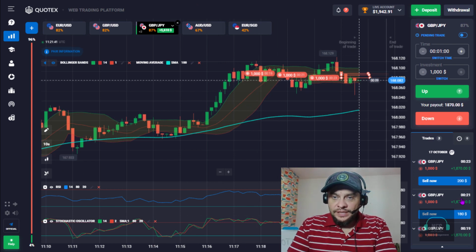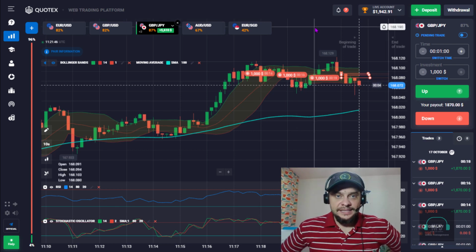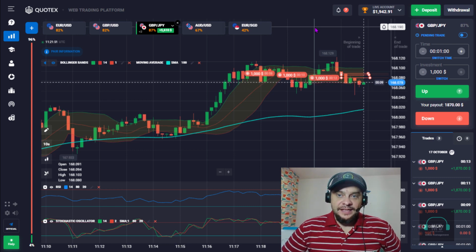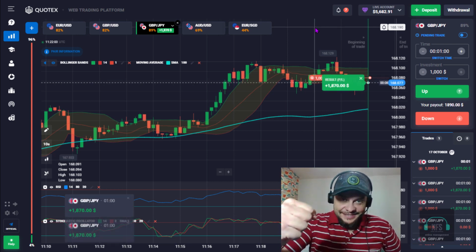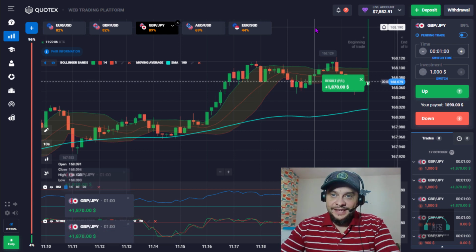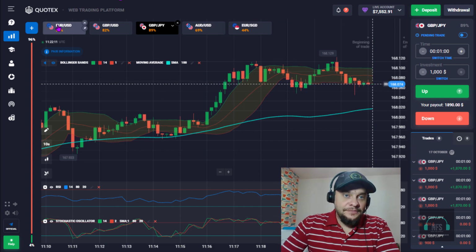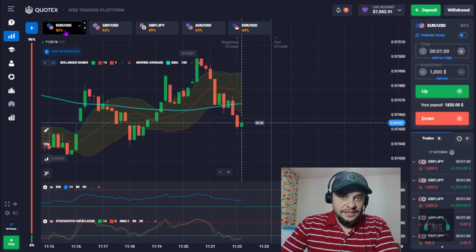But we still have 20 seconds for this trade to be closed, so let's wait and see how the profit is coming here on this GBP Japanese yen pair. Let's wait a little bit more. And yes, all the trades are in the money. $7,552 profit.